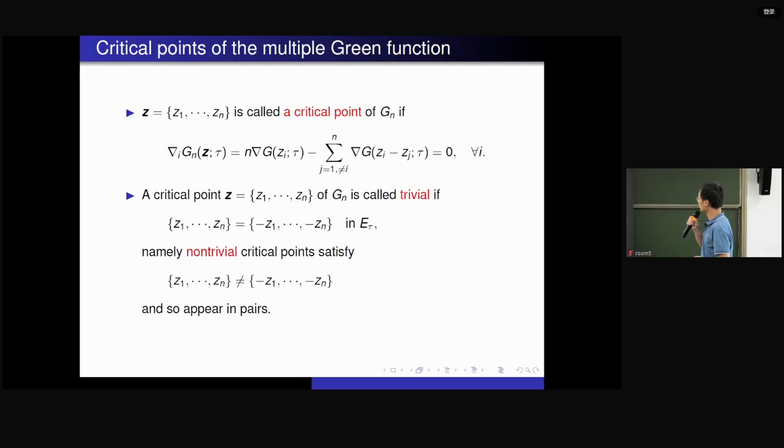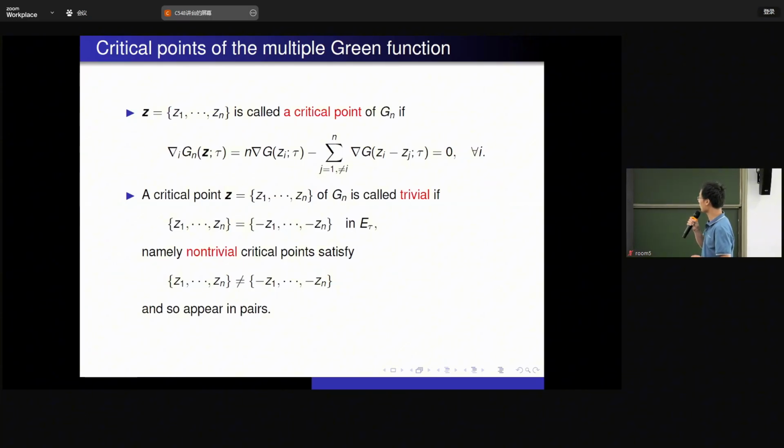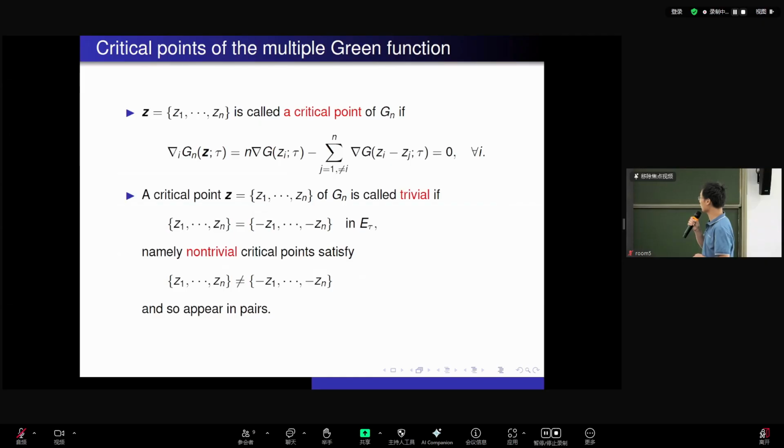So let's recall, for the n variable Green function Gn, we say Z is a critical point if the derivative with respect to every Zi is equal to 0.